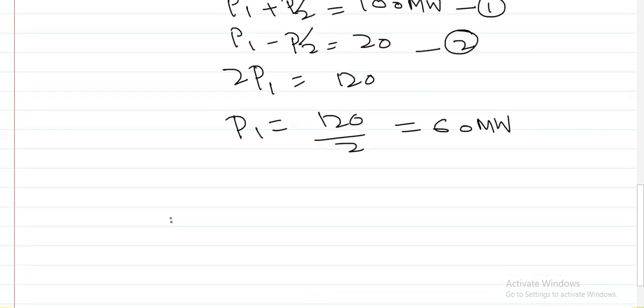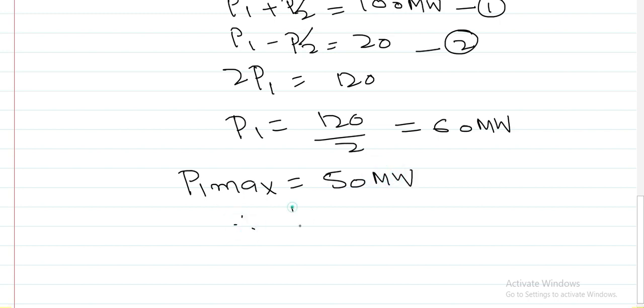But in the question it is given that P1 max is 50. Therefore we set the value of P1 equal to 50 megawatt instead of 60. Now putting the value of P1 in equation first, we will get the value of P2.